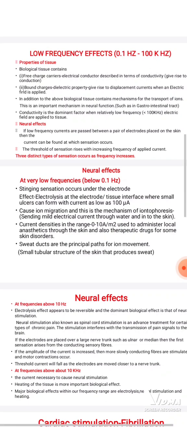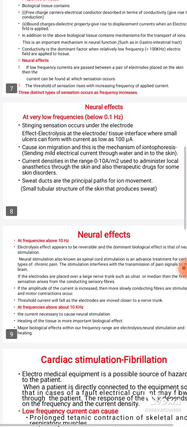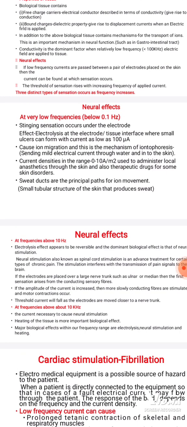Current densities within the range of 0 to 10 ampere per meter square are used to administer local anesthetics through the skin, and it is used in therapeutic drugs for some skin disorders. The next one is sweat ducts, which are the principal parts for ion movement. Sweat ducts are small tubular structures of the skin that produce sweat.